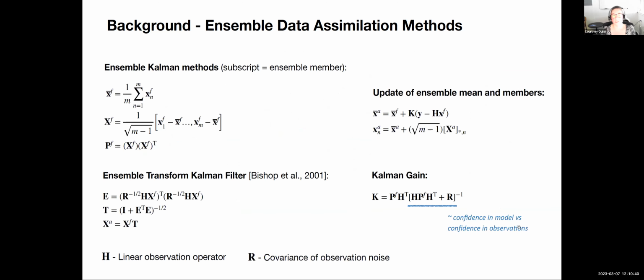Now, the methods to do this are a few well-known, famous methods, the most commonly used nowadays. You have your ensemble Kalman methods, where the idea is, as I've mentioned before, you have a certain number of ensemble members.